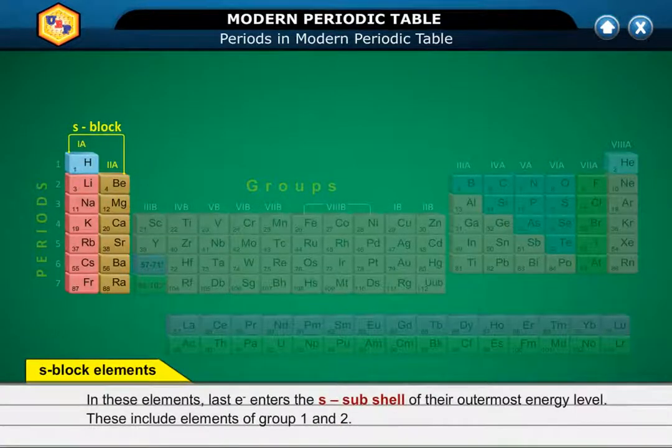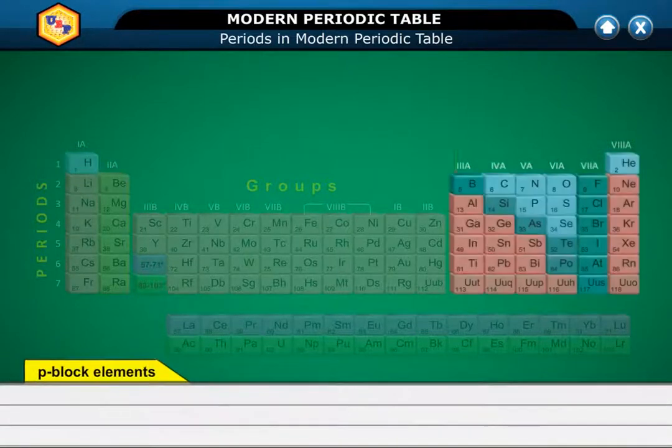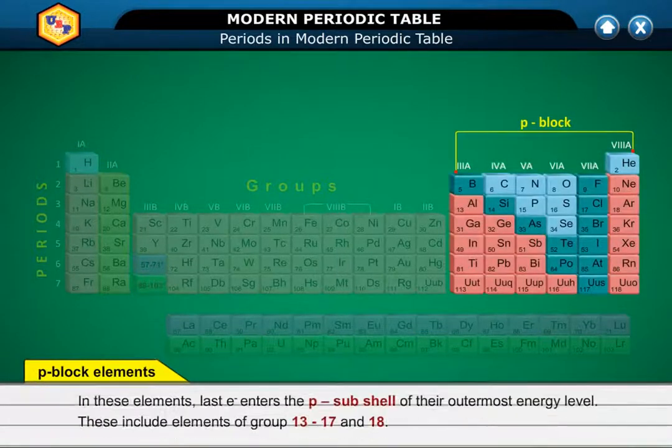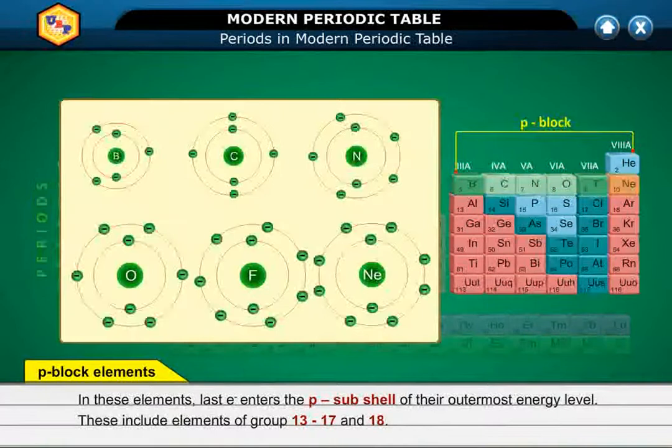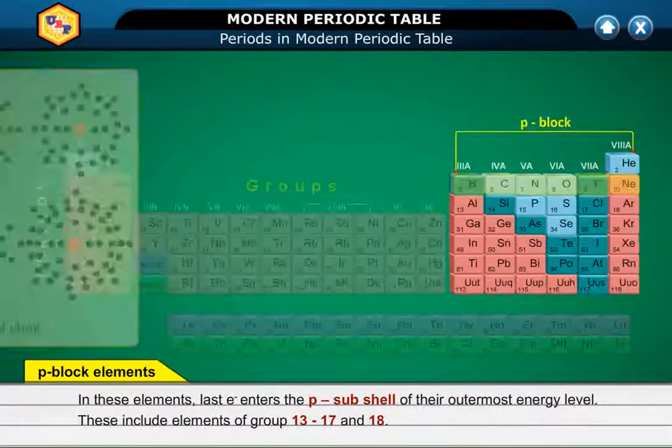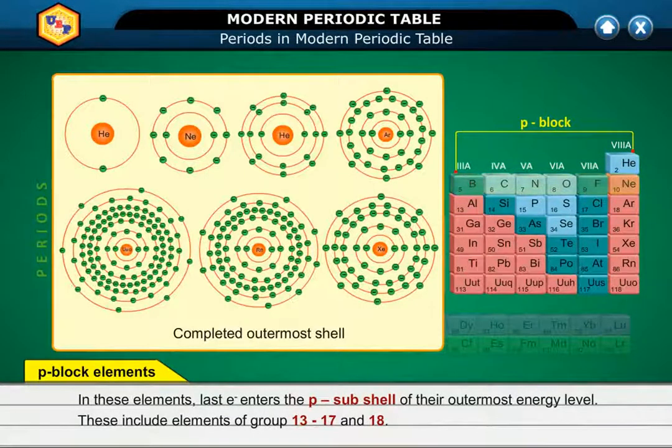In these elements, the last electron enters the S subshell of their outermost energy level. These include elements of group 1 and 2. P block elements. In these elements, the last electron enters the P subshell of their outermost energy level. These include elements of group 13 to 17 and 18.